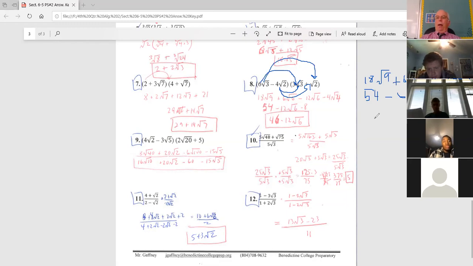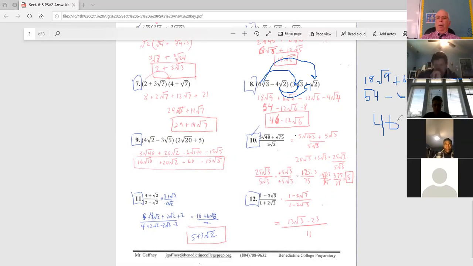So 54 and 8 are like terms, so that becomes, I'm getting a totally different answer. Let me check my other answer key. Scratch that out. So 54 minus 8 is 46, right? Yeah. So it should be 46 minus 6 radical 6, I believe.